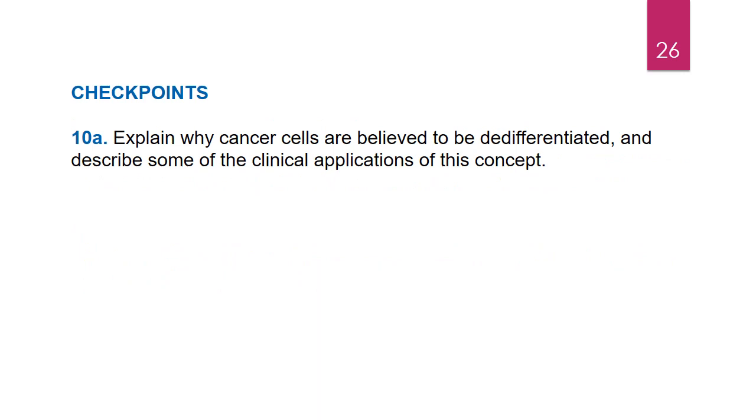Now, checkpoints. Explain why cancer cells are believed to be dedifferentiated and describe some of the clinical applications of this concept. So, cancer cells are dedifferentiated because cancer is believed to result from altered expression of oncogenes, tumor suppressor genes, and genes that code for microRNA.